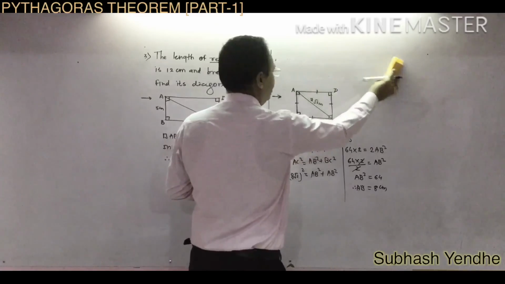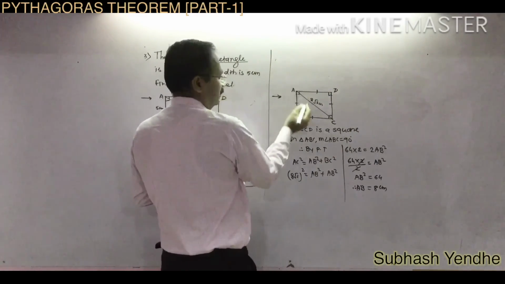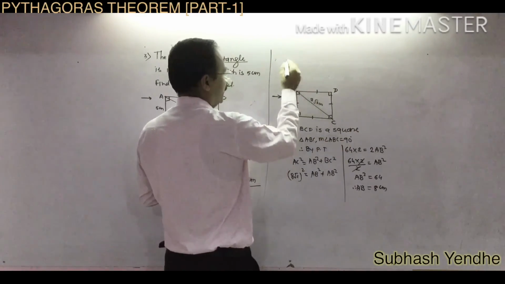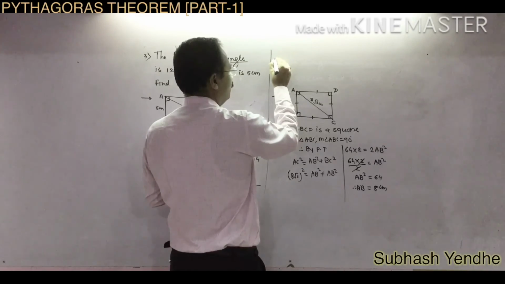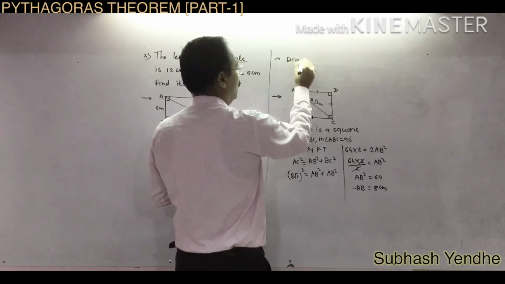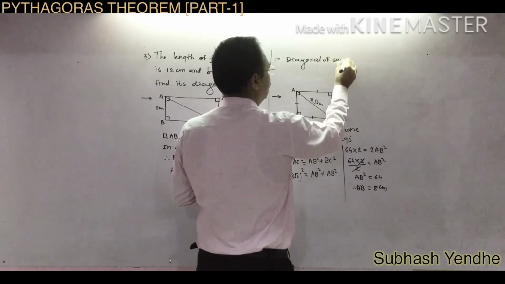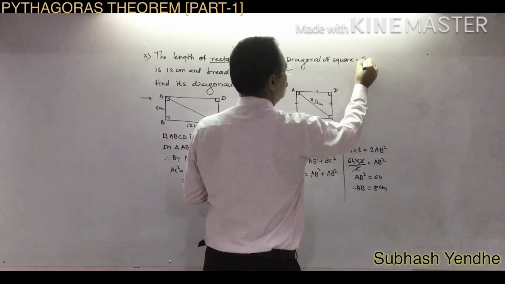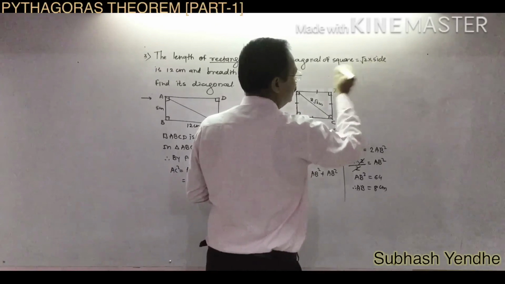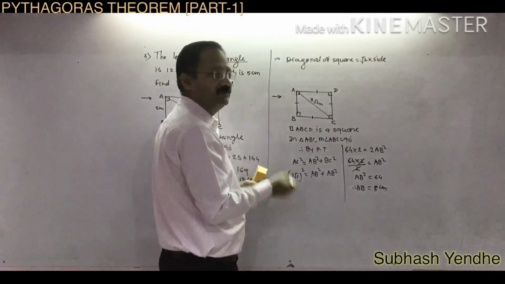So you will get it directly. So this is 45, I told you that. Therefore, there is one formula: diagonal of a square equals root 2 into side. By this formula, you can solve this sum directly.